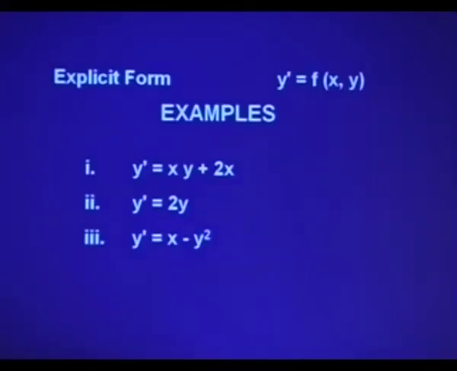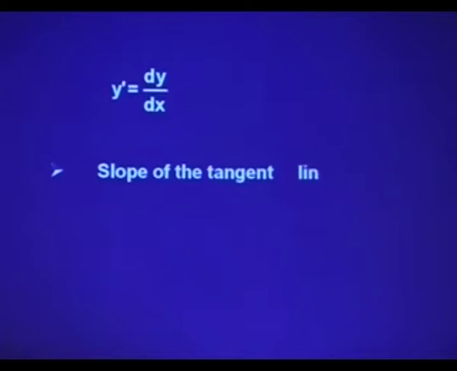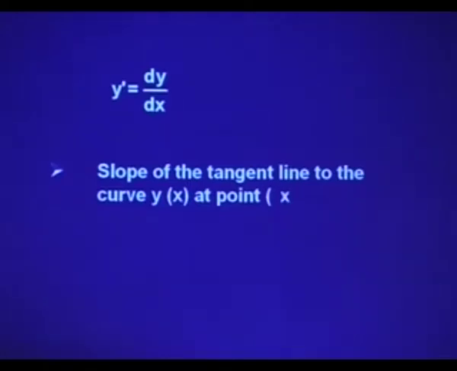We know from calculus that the first derivative dy over dx represents the slope of the tangent line to the curve y of x at the point x, y in the xy plane. That is what this equation y dash is equal to f of x, y is telling us. It is telling us about the slope of the curve y at the point x, y.